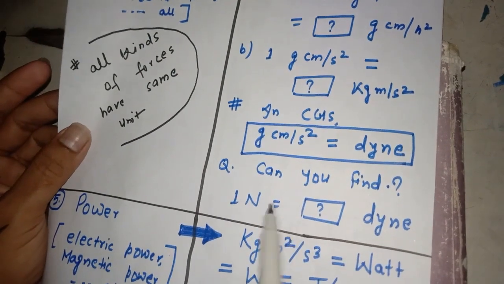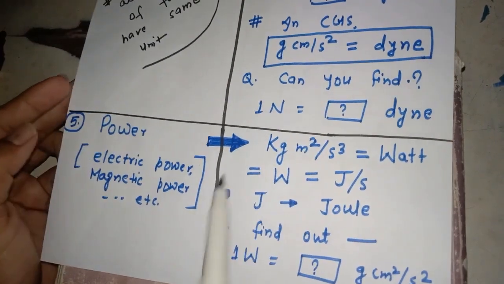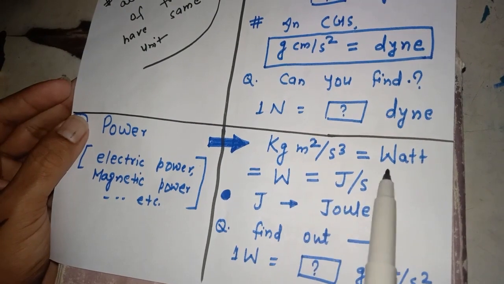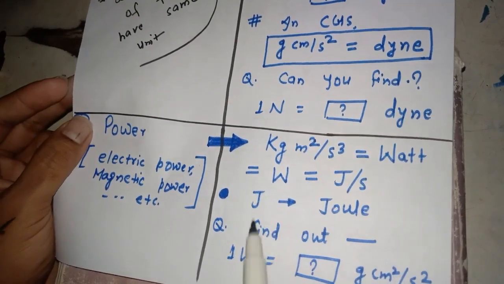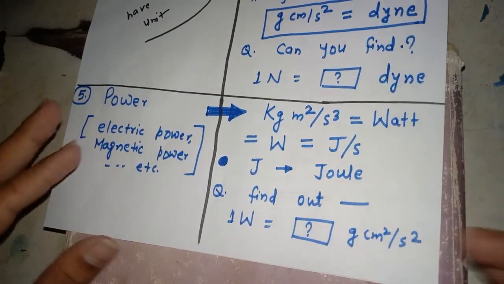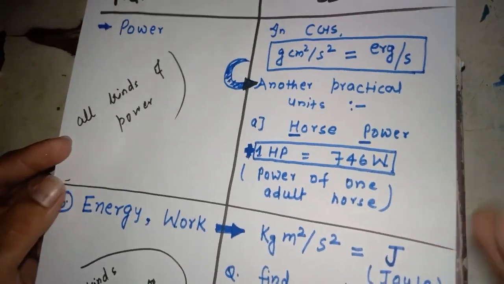Here in the CGS system, gram centimeter per second square is also known as dyne. So you can convert 1 Newton into dyne. You can solve it in your copy. Power is measured by watt, kg meter square per second cube. Watt is also called joule per second. Now you have a question: 1 watt equals what in gram centimeter per second square?